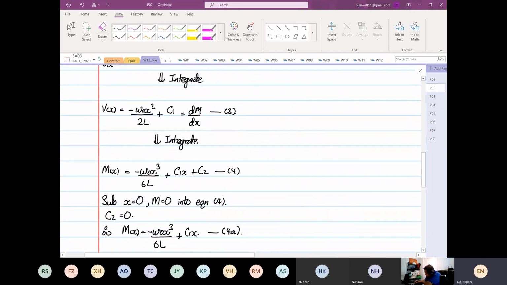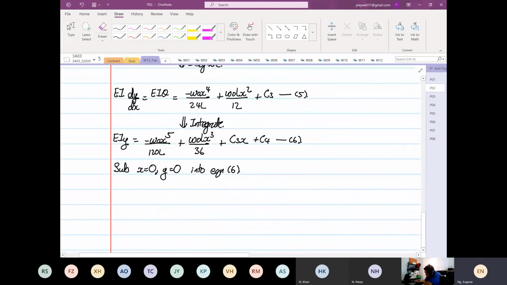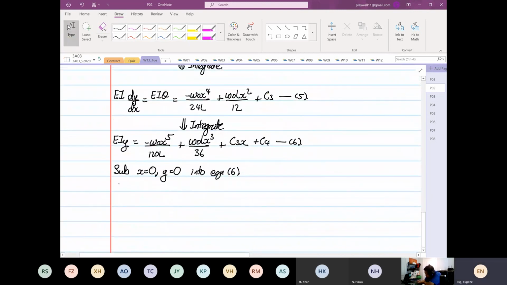So from here, we know that C4 is equal to 0. Therefore, EIy is equal to minus omega naught x^5 over 120L plus omega naught L x cubed over 36 plus C3x, and this is your equation 6a because it evolved from equation 6.